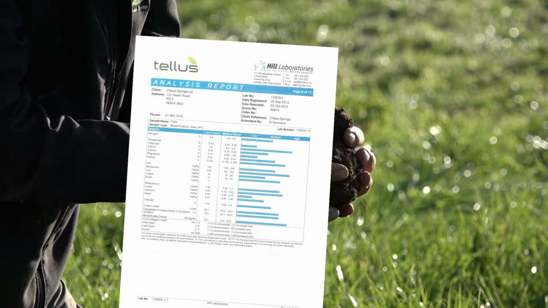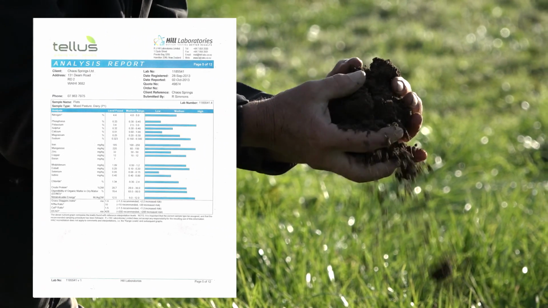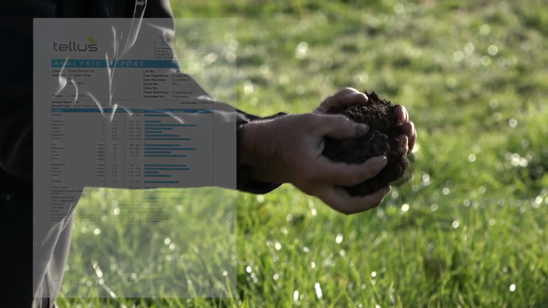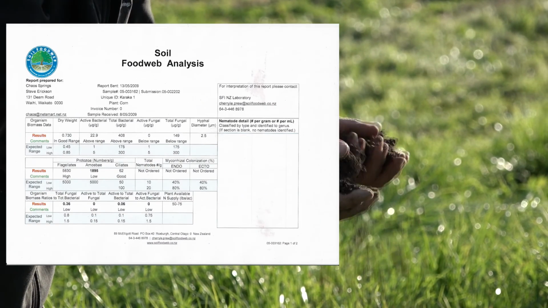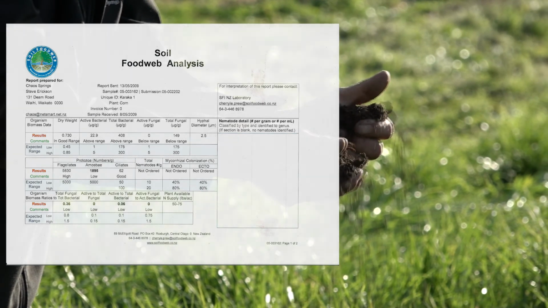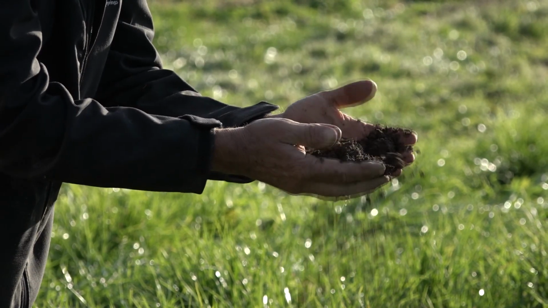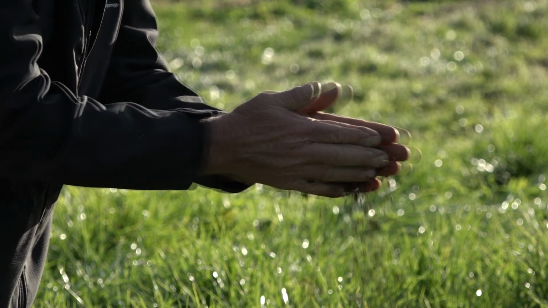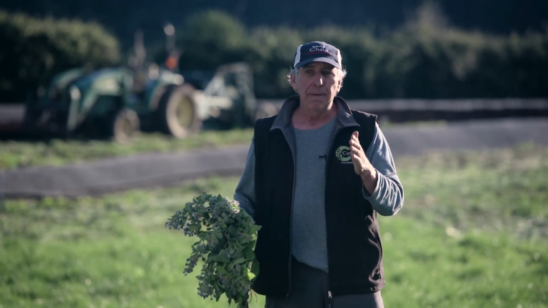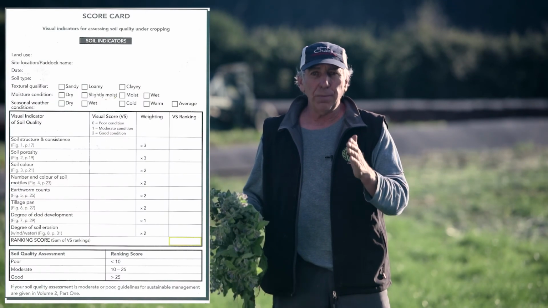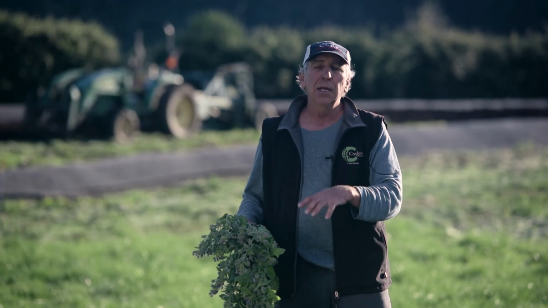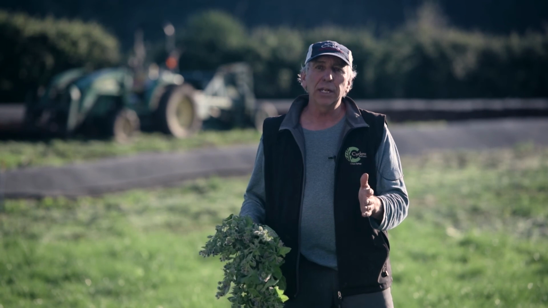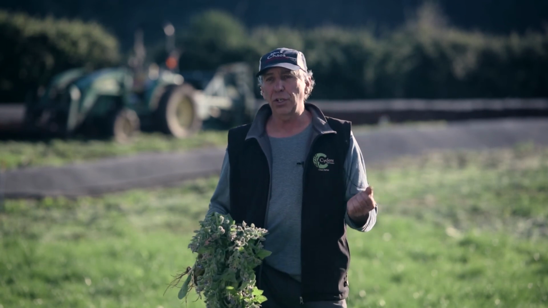Herbage tests allow you to see which of those minerals are coming through to the plant, and then you can do a biological test to tell you what organisms you have in the soil and if you're lacking any particular species or any category of organisms. Another hands-on tool that's very helpful is called a visual soil assessment, and that can be done on-farm by the farmer or the gardener by simply digging holes and looking at the soil structure, the smell, the worm counts, and that gives you a real good indication of how your soil is functioning.